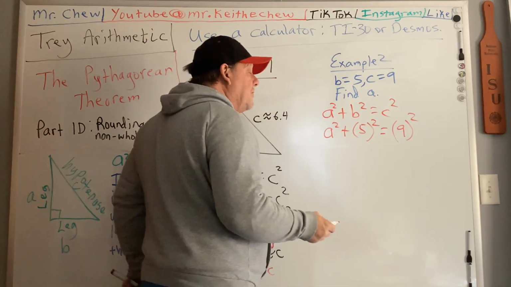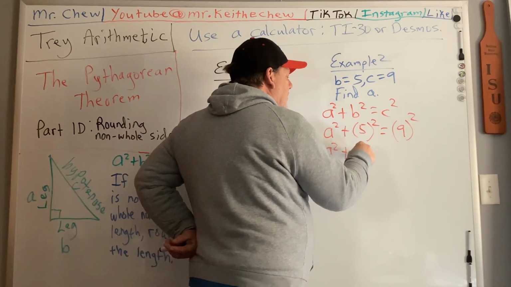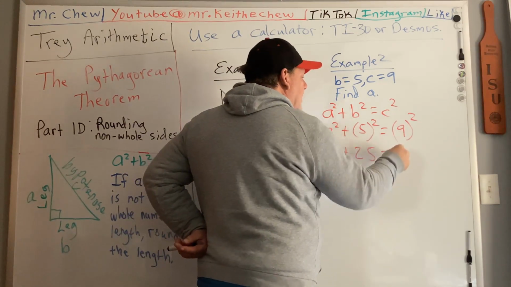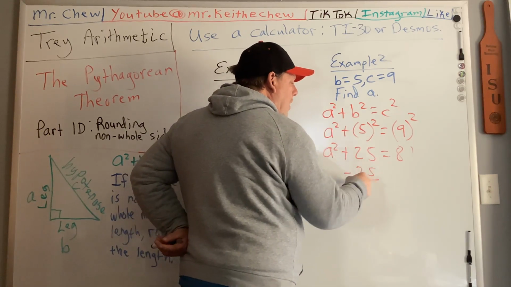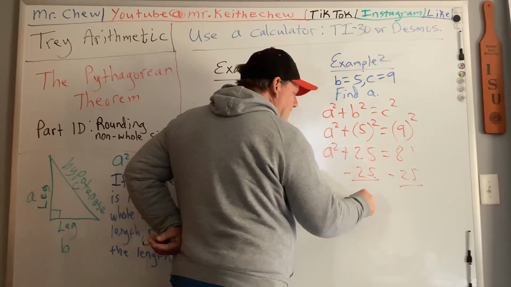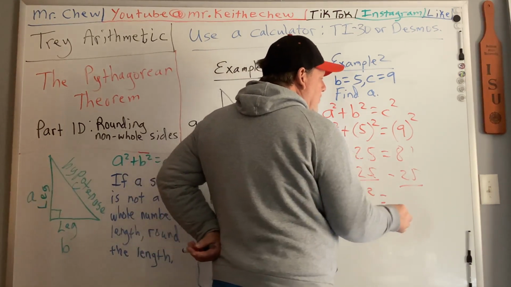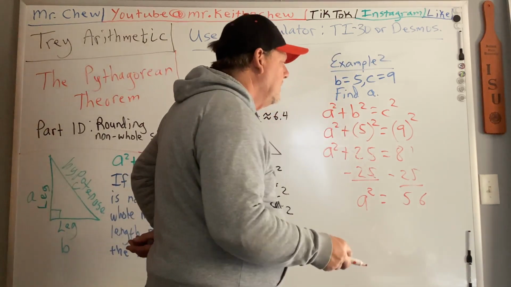Now I'm going to square both of those. So I have A squared plus 5 squared is 25, 9 squared is 81. I use the subtraction property of equality. This crosses out. So I have A squared equals 56.